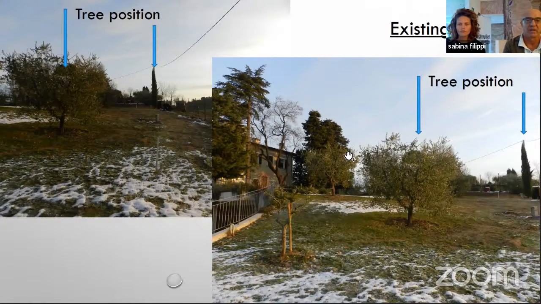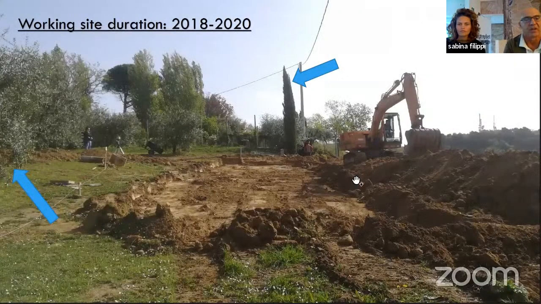We are near the top of the hills. The house is very near the top of the hills, and the best position for the pools was not so far from the house, in the first part of the slope when the hill goes down.